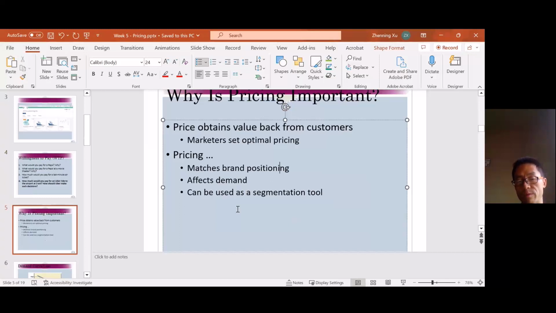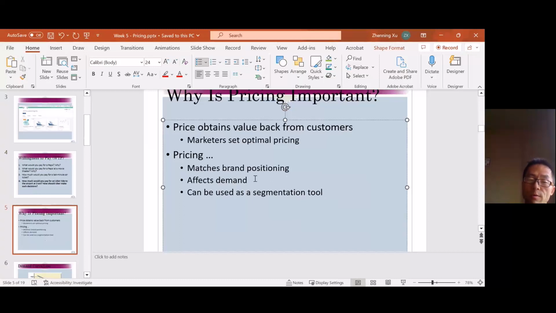For example, Walmart's positioning strategy is that they sell products at affordable prices. They have a mission statement, or tagline, everyday low prices. You go to a store and you see the tagline, everyday low prices, right? But imagine Whole Foods, I'm sure they use a different strategy. When you sell organic products, you don't want to say everyday low prices, right?